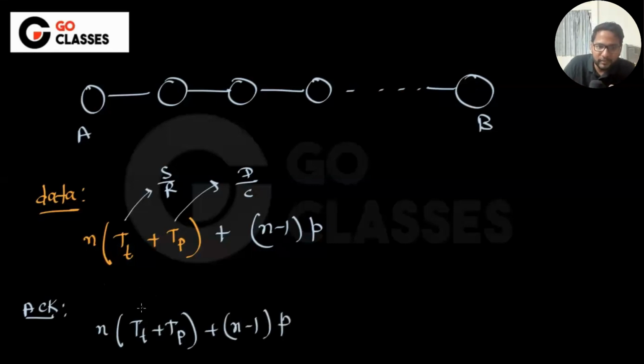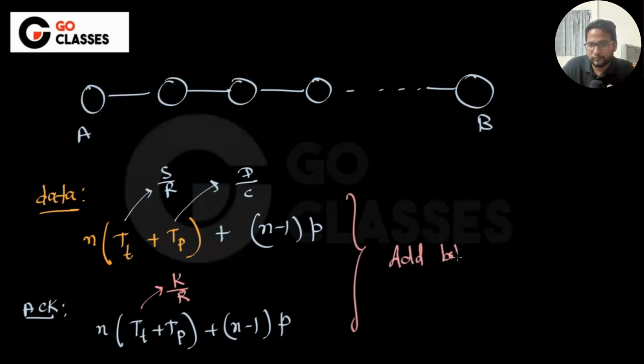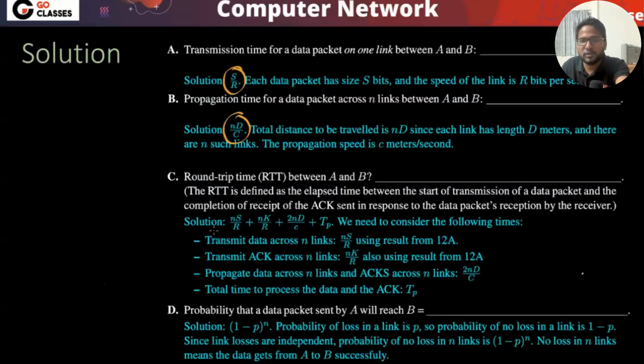So here the TT will only be the different, which is capital K upon R. Everything is the same. You need to add both of them to get the final time. Okay, that's how they are getting this answer. If you add, you will be getting this answer.